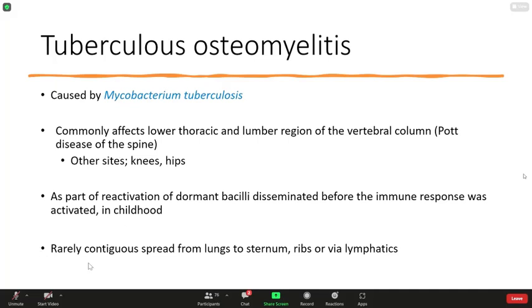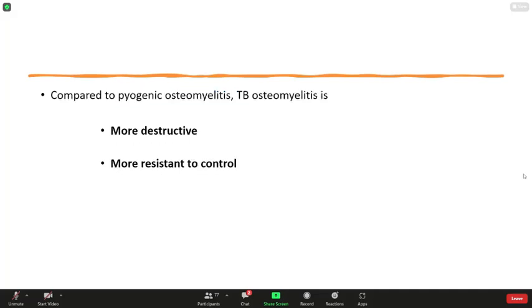Sometimes this may be due to contiguous spread from the lung, because the commonest site of tuberculous infection is the lung. From the lung, it can extend into the surrounding bone, like the sternum and ribs. Sometimes it may enter the adjacent bone through the lymphatics.